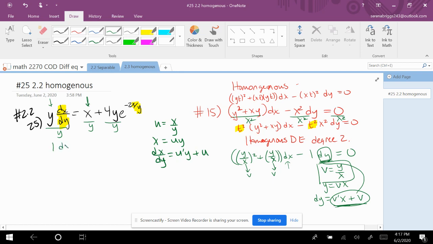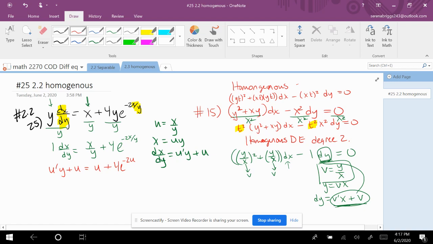So I have 1 dx over dy equal to x over y, which I'll be able to substitute out, plus 4 times e to the negative 2x over y. Now when I do my substitutions, I have dx over dy, which is u prime y plus u, and x over y, which is u, plus 4e to the negative 2u.